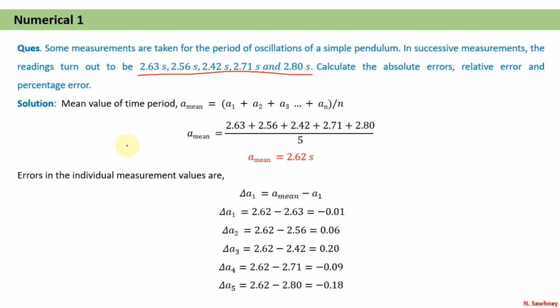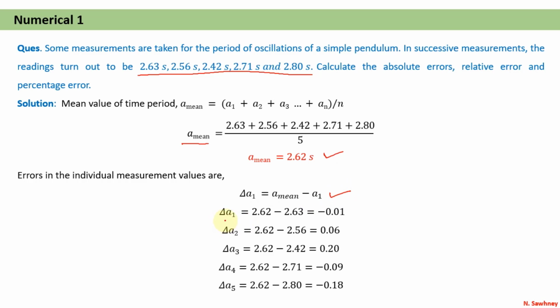So I have calculated the mean value as simply the arithmetic mean by adding all the observations in the numerator divided by the number of observations. Here it is 5. So the answer comes out to be 2.62 seconds. Now the errors in individual measurement values are calculated like this. This is the formula.